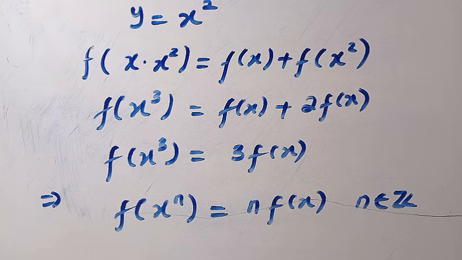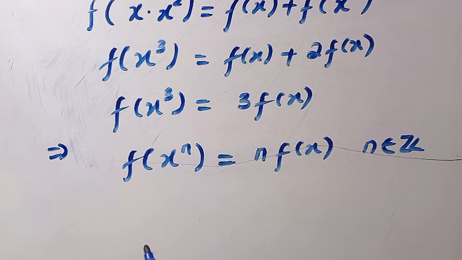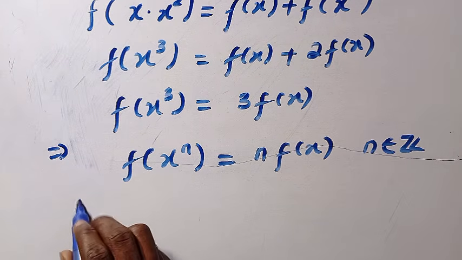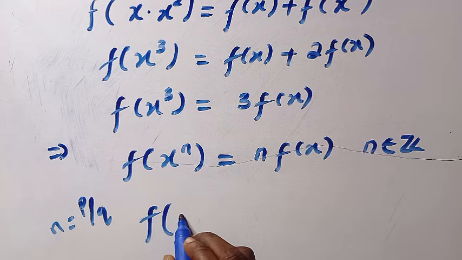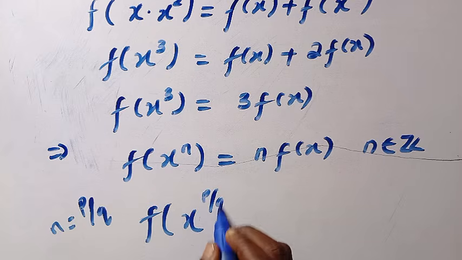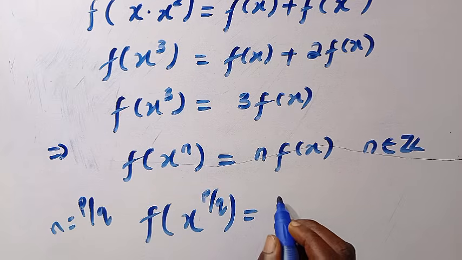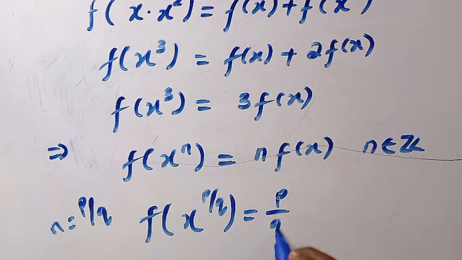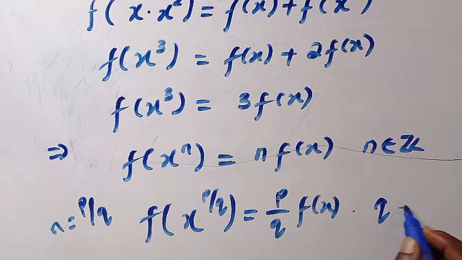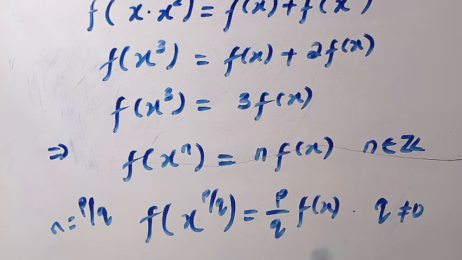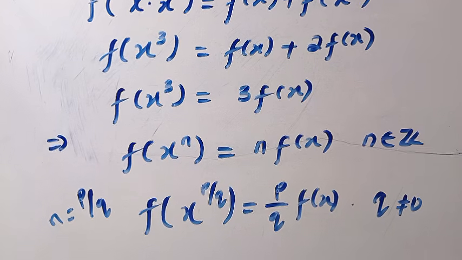If you consider the rational case, let's say n equals p over q, we have f of x raised to the power of p over q equals p over q f of x. We should note that q is not equal to 0.